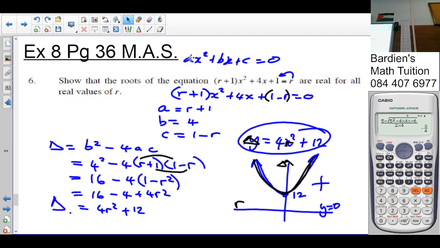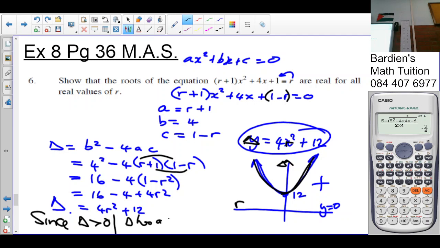So you say since, we state the obvious. We say since delta is always greater than 0. So always just check here. Since delta is always greater than 0. Or you could have said since delta has a minimum value of 12.